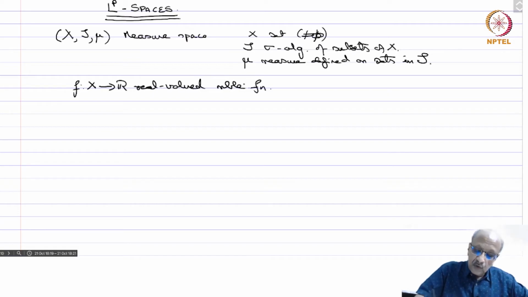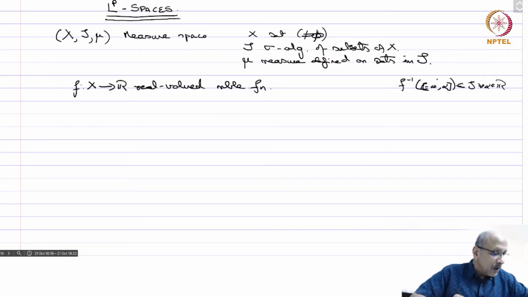If you know something on measure theory, you know what that means. The inverse image of sets of the form f inverse of (minus infinity, alpha) are members of S. So for every alpha in R, that is a measurable function. Okay, so f is a real valued measurable function. There are many equivalent forms of this one particular.